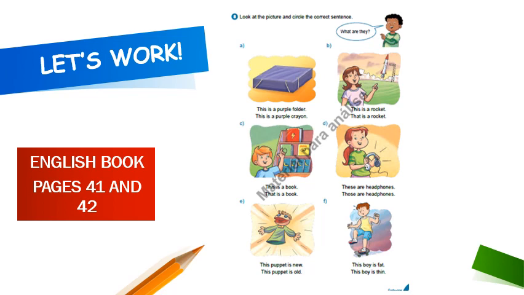For example, this is a purple folder or this is a purple crayon? Here, this is a purple folder. So we are going to circle the correct sentence, ok? Então, você vai ler a sentence e vai circular as que forem corretas, ok?